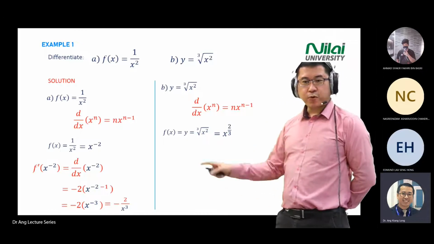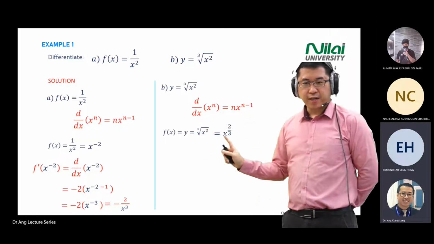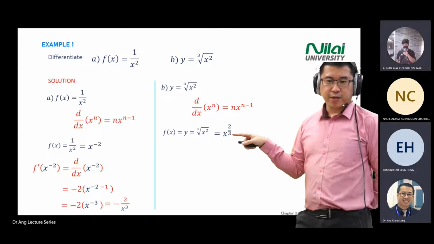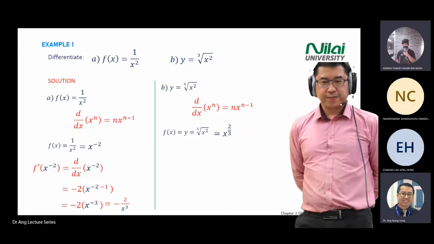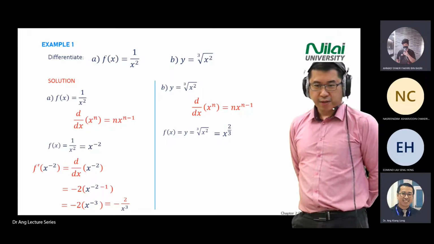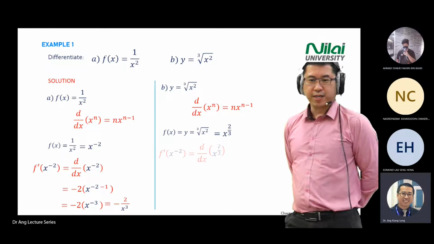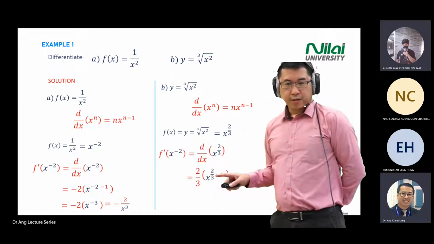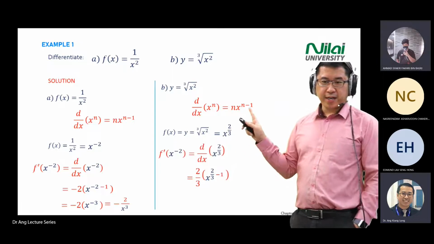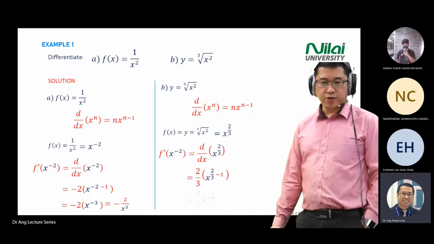However, the question asks you to differentiate this one. Shakir, you want to try to solve this one? When you differentiate this one, what do you get? 2 over 3 x to the power of negative 1 over 3. Negative 1 over 3, correct. So you pull your 2 over 3 in front. This one minus 1, you'll get minus 1 over 3.